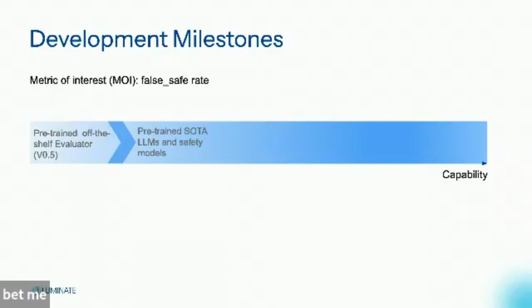And what we did is we prompt engineered these models with our version 1.0 taxonomy and tried to get the responses and measure the responses and the scoring on those responses. What we found is that those models were not performant on the metric of interest if you just take the off-the-shelf safety models or LLMs.